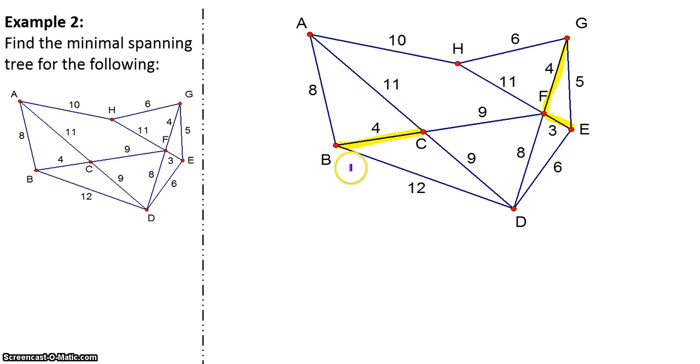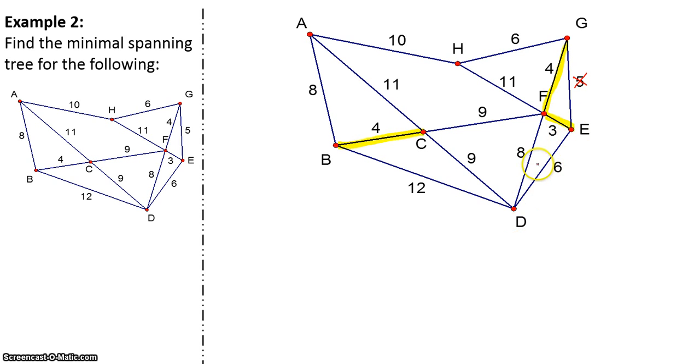Okay. Next number is 5, but I can't build the 5 that's off here on the right, because if I built that 5, that would make a circuit, and that's not cost efficient. Any other 5s? Nope. Okay. 6.